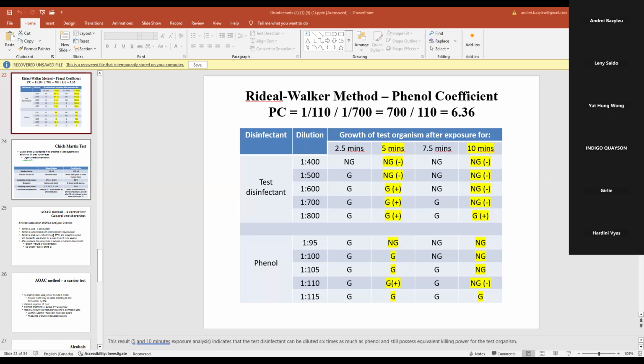I got a question, or rather a request, just now in chat about the phenol coefficient dilutions explanation. I explained that last week, or I guess the week before we had the test.